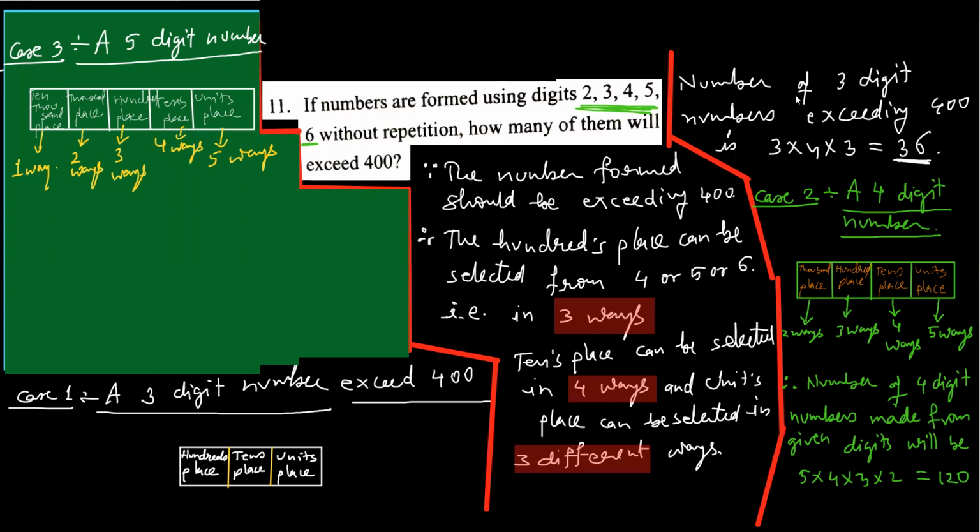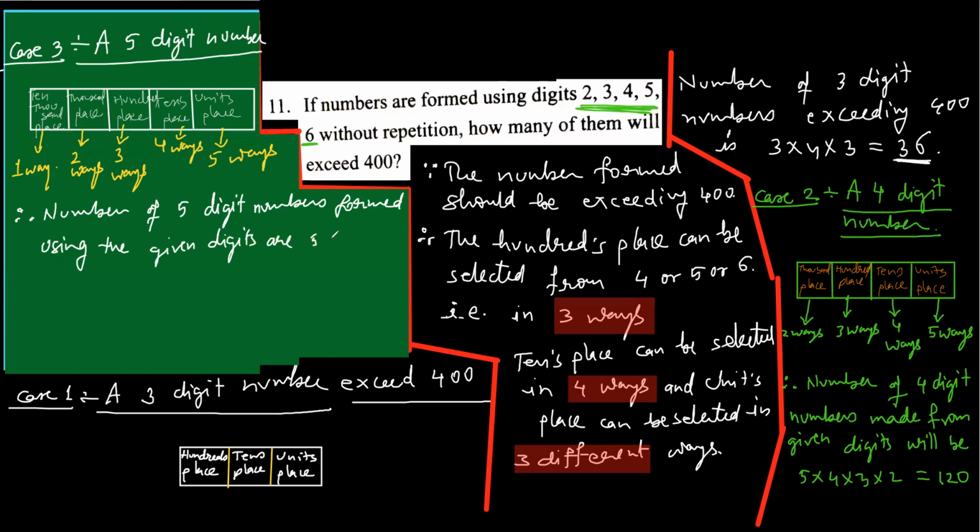You will write therefore, number of 5-digit numbers formed using the given digits are, once again, 5 into 4 into 3 into 2 into 1.